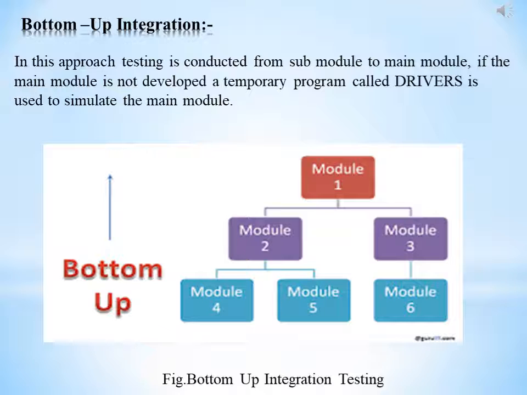If the main module is not developed, a temporary program called a driver is used to simulate the main module. In top-down integration testing, stubs are included, and in bottom-up integration, drivers are included.